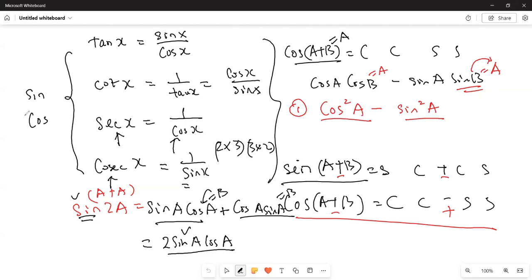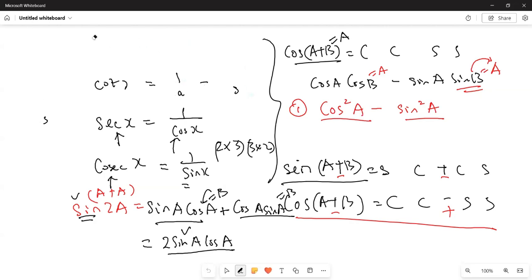So remember the most important trigo identity I told you in the previous lesson. I even gave it a name. I said this is the bridge: sine square x plus cosine square x equals 1. And it is the bridge across what? Sine and cosine.